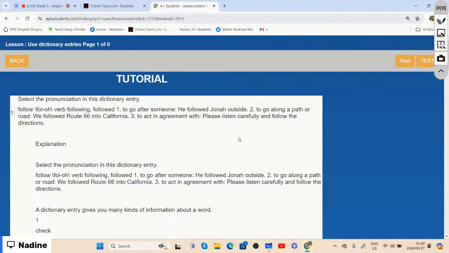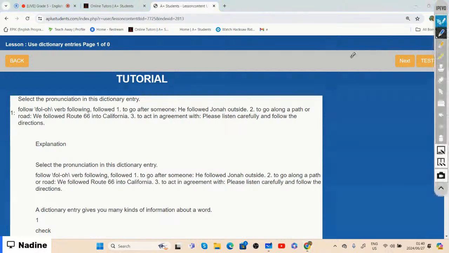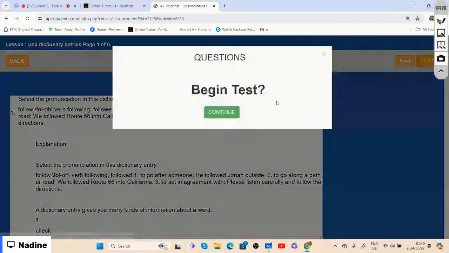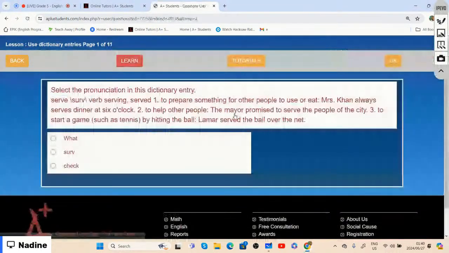Yes. So if we were to identify our pronunciation, then follow is our pronunciation within that entry. All right, let's go to our test, right?